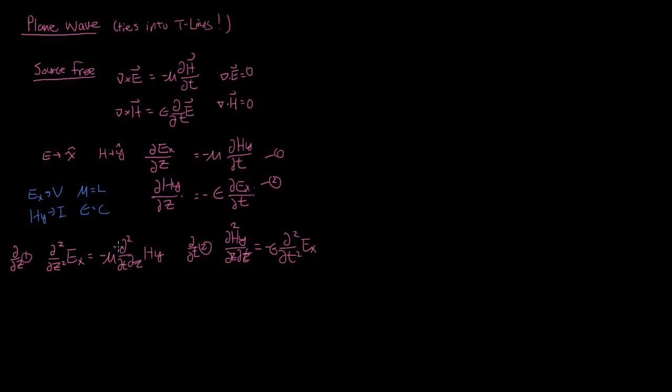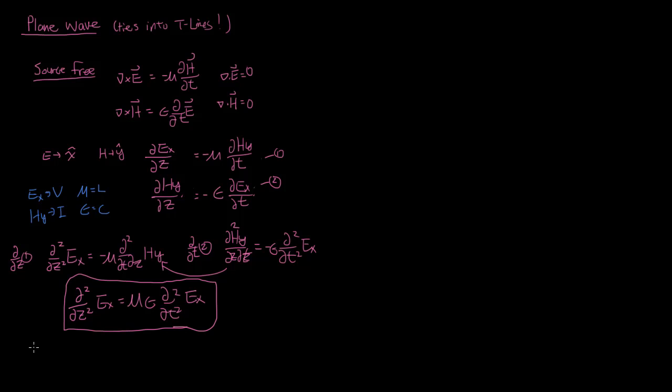So now I have this expression for d squared/dt dz. I can substitute this in here and end up with the result that d squared Ex/dz squared is equal to mu epsilon d squared Ex/dt squared. So this is a key result.